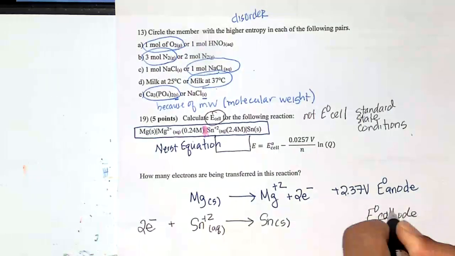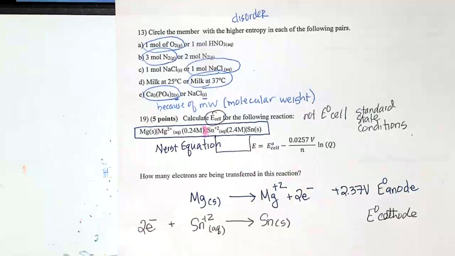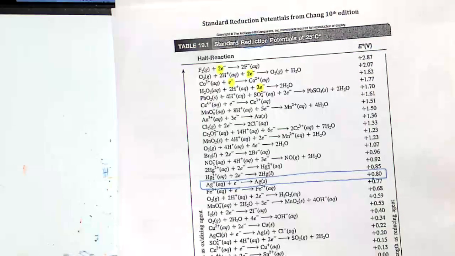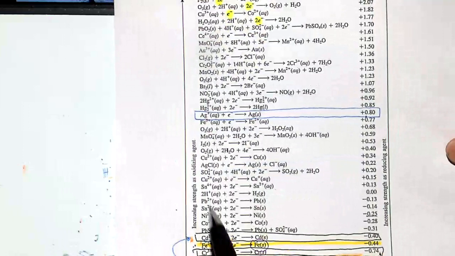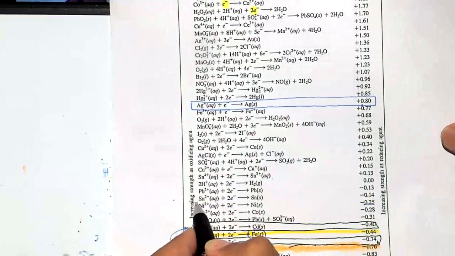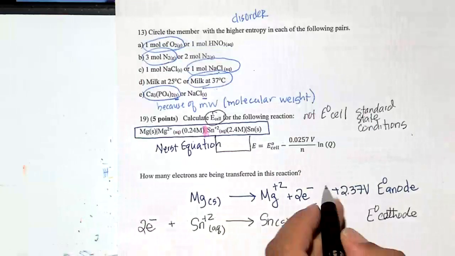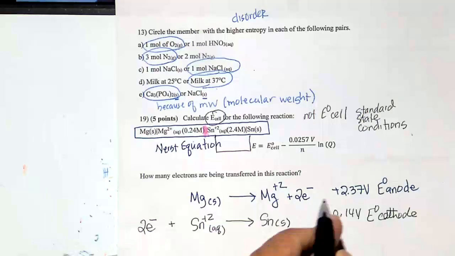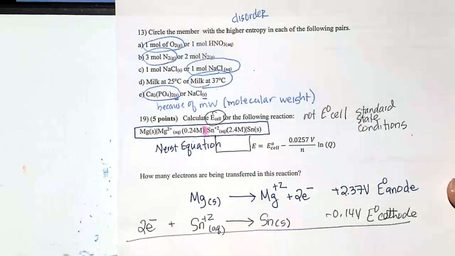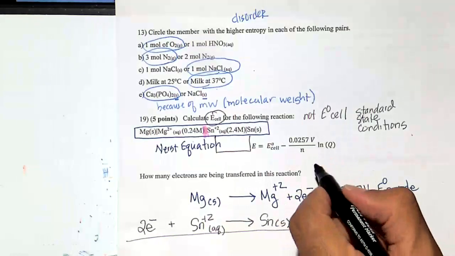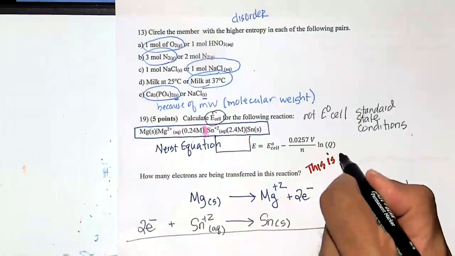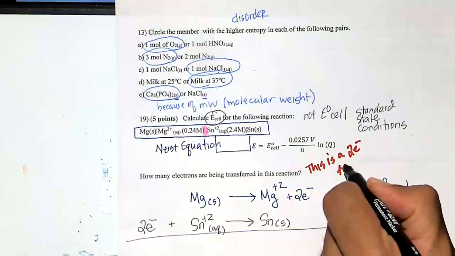Reduction, and reduction happens at the cathode. What is the voltage with this? Let's look at our table. Negative 0.14. Yep, this is it. How many electrons are being transferred here? 2. This is a 2 electron transfer reaction.